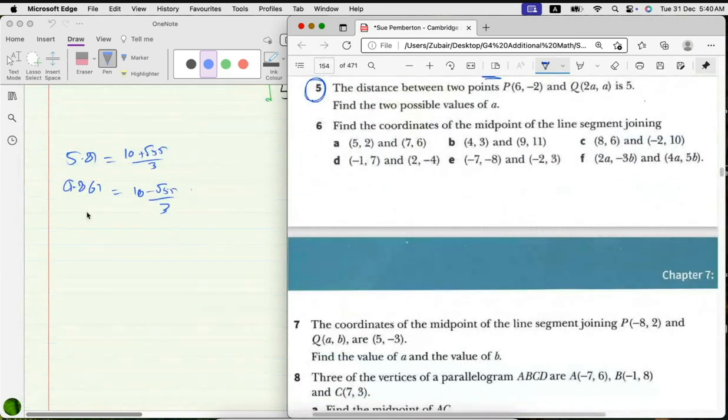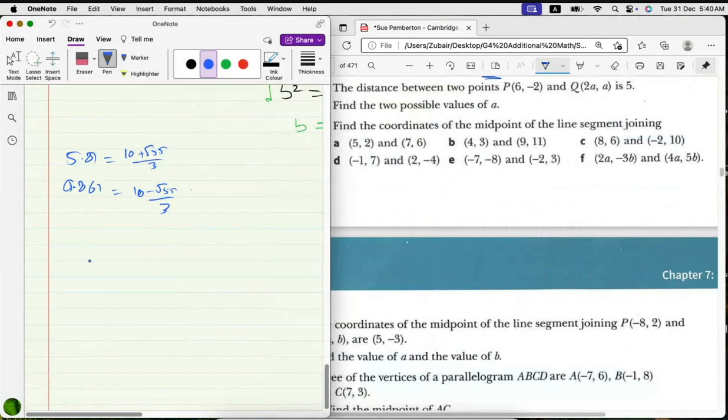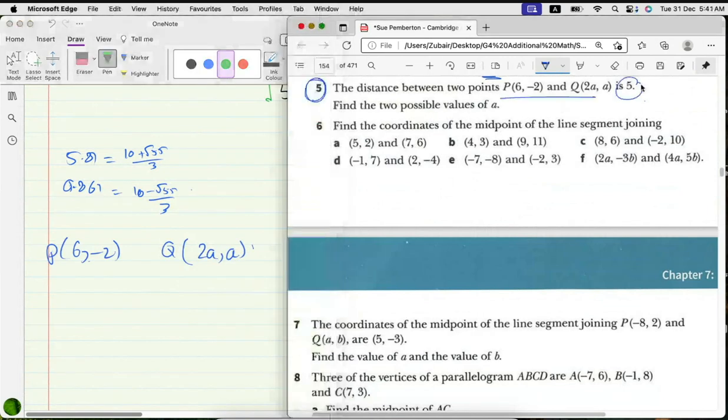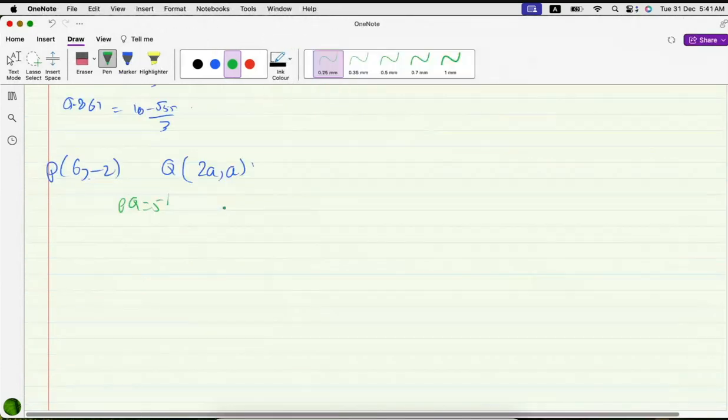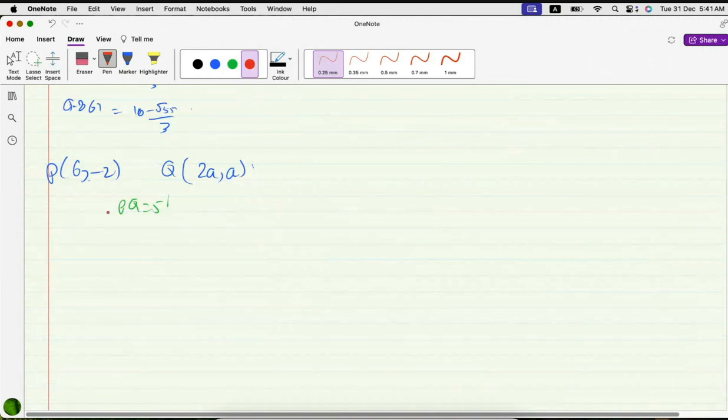Coordinates of P are 6 comma minus 2 and Q are 2a comma a. And the distance between these 2 points is 5. PQ is equal to 5.